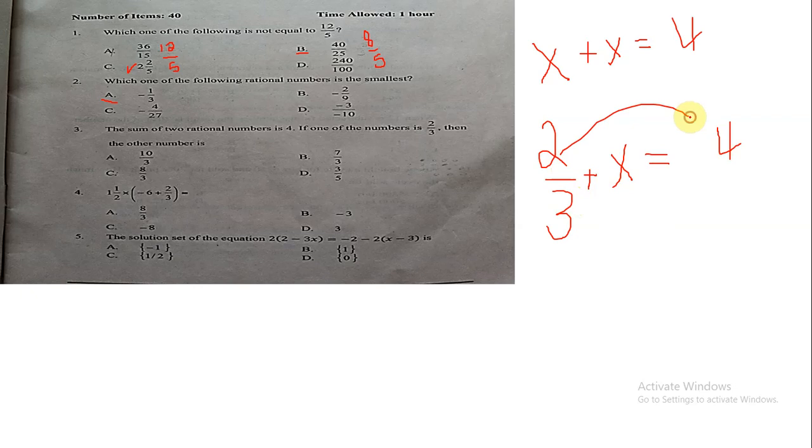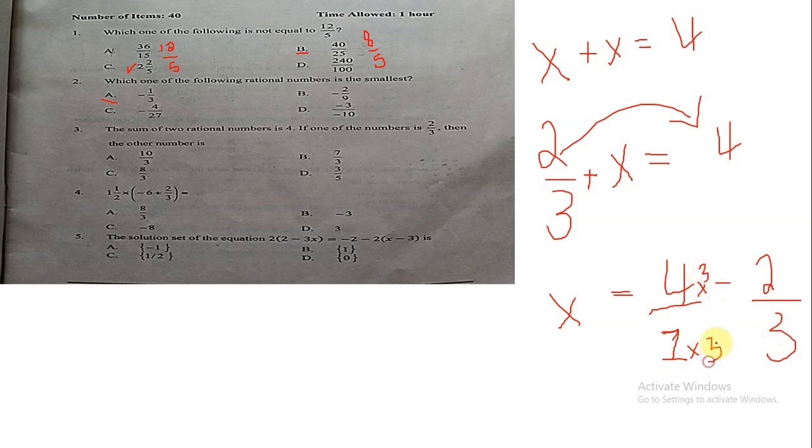Then we'll shift 2 over 3 to 4. So that means x is equal to 4 minus 2 over 3. Right? Then here divide by 1 first of all, then times 3, because we need the same denominator.